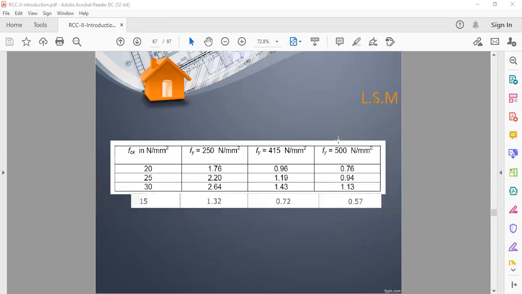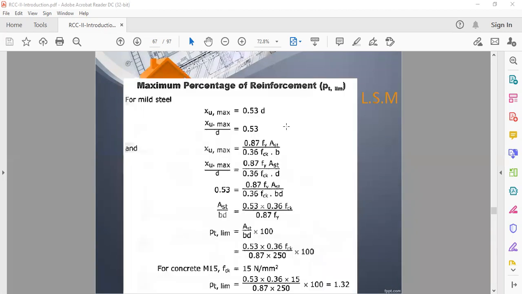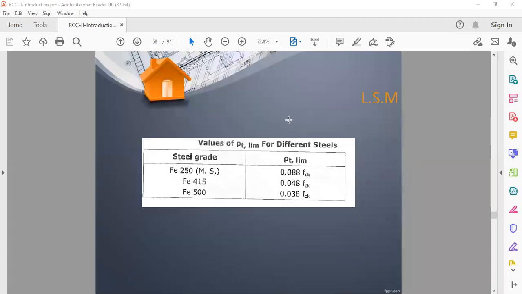So that's the table of values of percentage of steel. This was basically the percentage of steel limited, PT limiting.